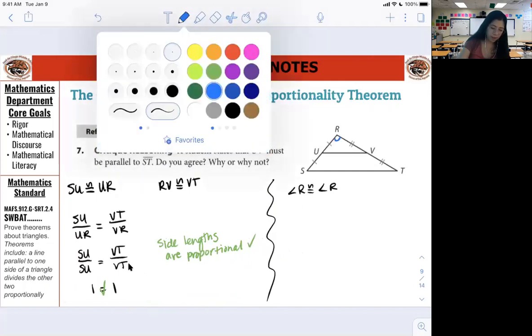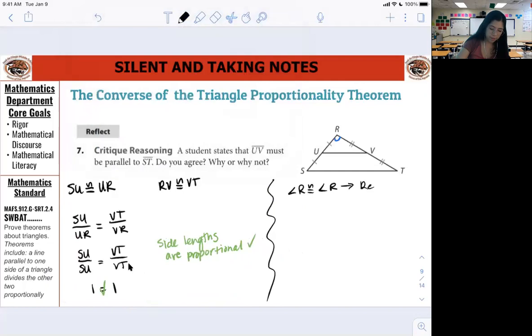Now that I have the reflexive angle in there, do I have any triangle similarity theorems? Remember, there's the AA similarity theorem, there's the SAS similarity theorem, and there's one more, SSS.